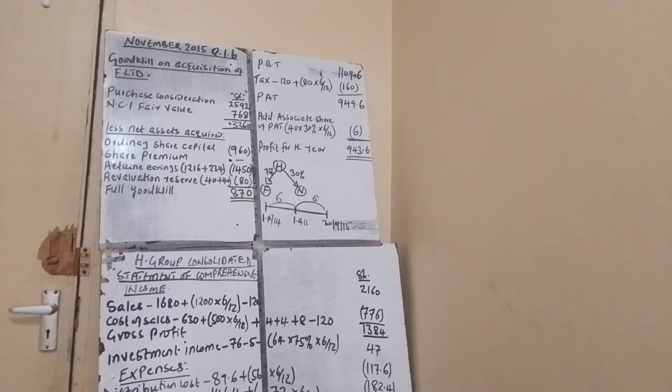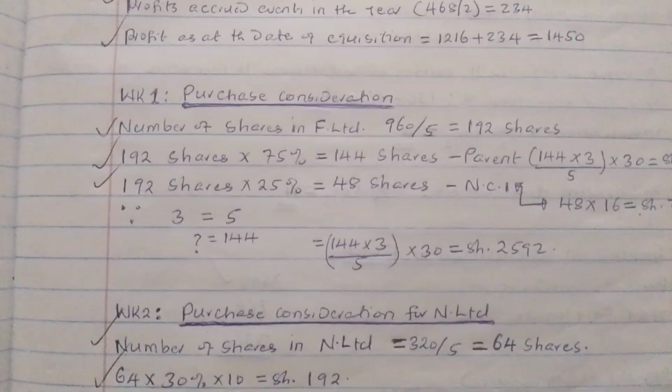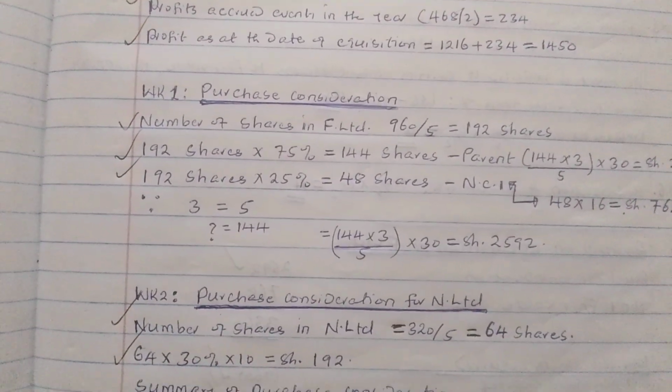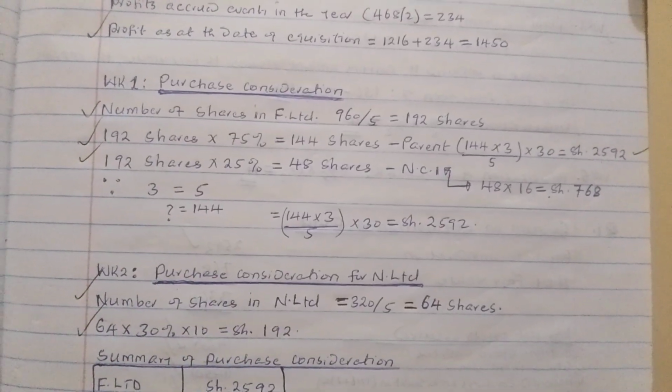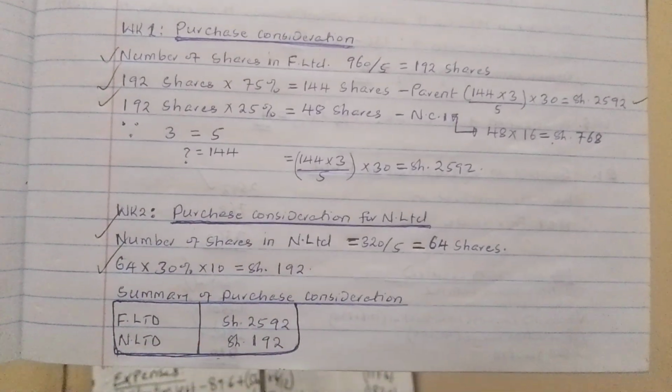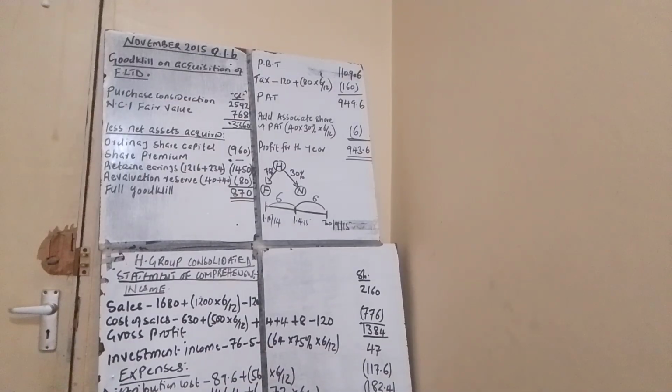Remember how we got 768? Refer to your working number 1. You get those numbers there, 2592 plus 768. And then you will be deducting the net assets acquired.